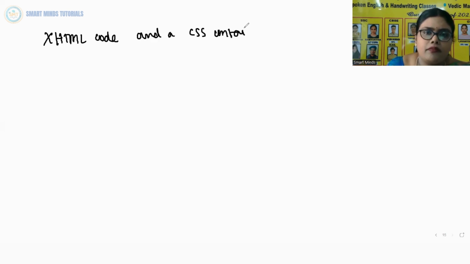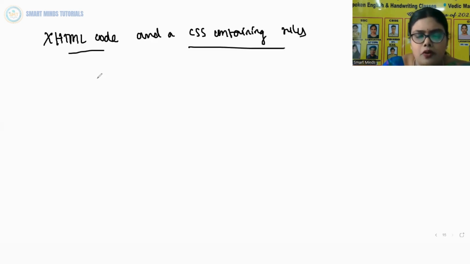Now let us see an XHTML code and a CSS containing rules. I'm going to give you an XHTML code to which CSS containing different rules are applied. The XHTML code is saved as fruits.html.